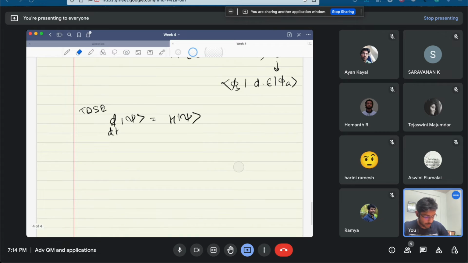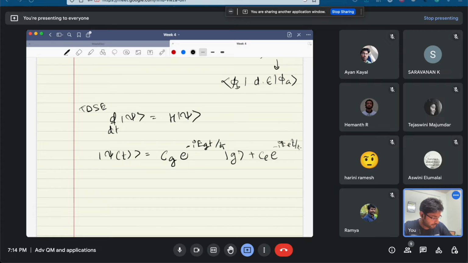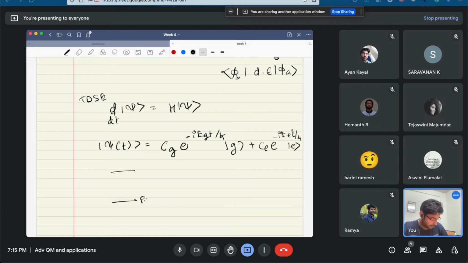Now if the energies are constants, a general time dependent wave function is usually written in the form Cg e to the power minus i Eg t by h bar, plus Ce e to the power minus i Ee t by h bar, where Eg and Ee are the energies of the levels.